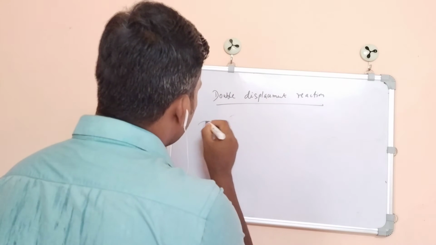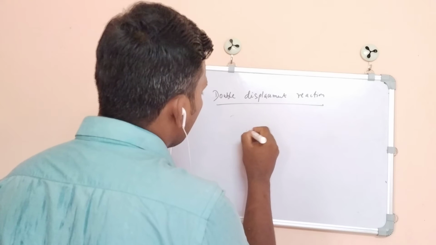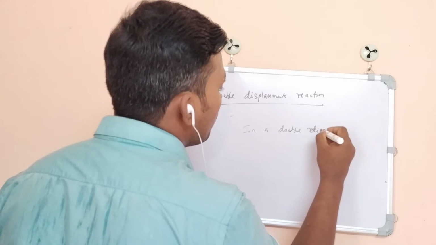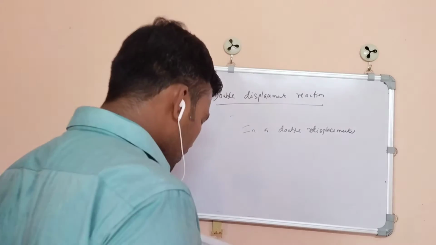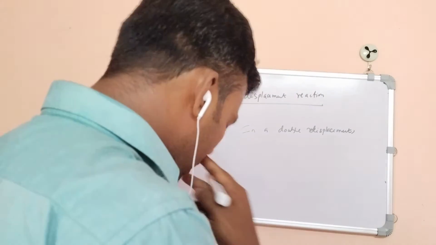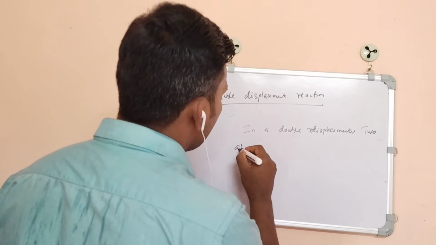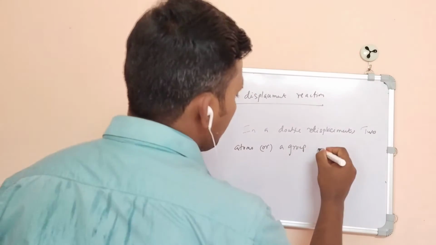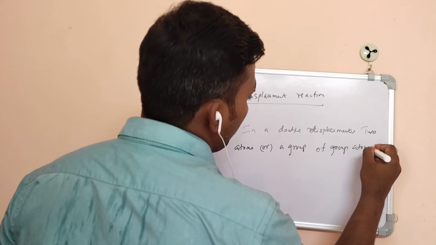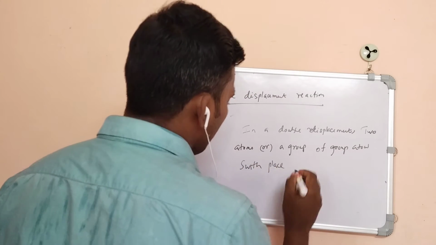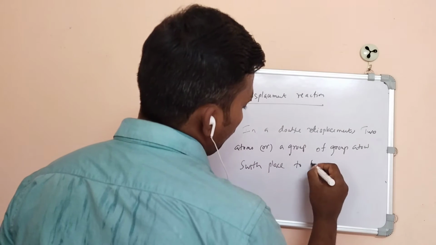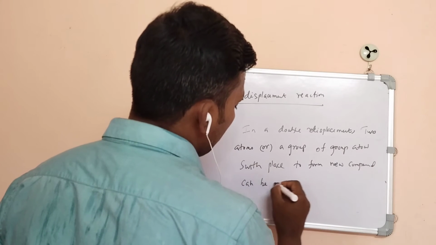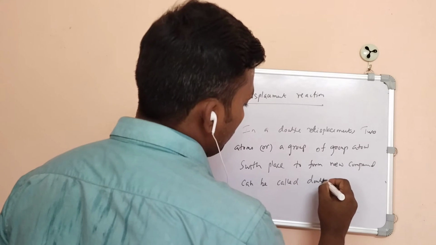In a double displacement reaction, two atoms or a group of atoms switch place to form new compounds.